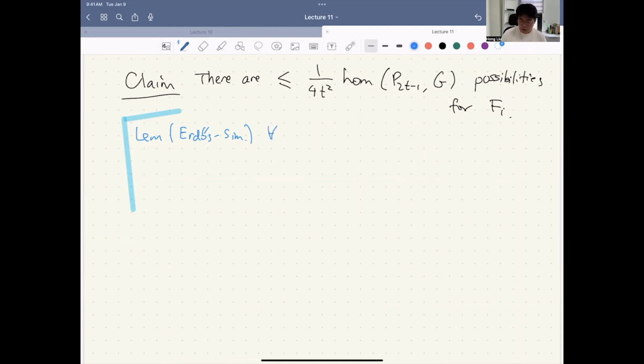So this lemma says for any integers k bigger than l, such that k is even.